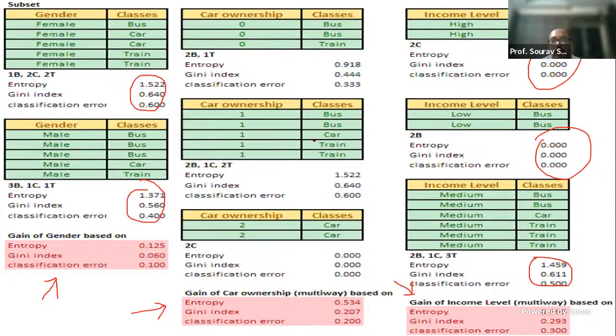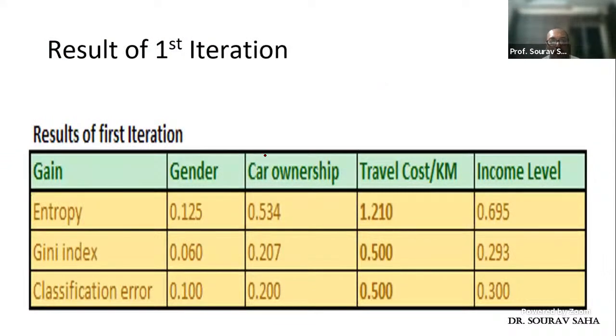In that particular case, the change in impurity is maximum if I split by travel cost. So whatever was the impurity at the root node, vis-a-vis whatever is the impurity after doing the splitting, that is maximum here. So the maximum amount of impurity I will be able to remove is if I split based on the travel cost.